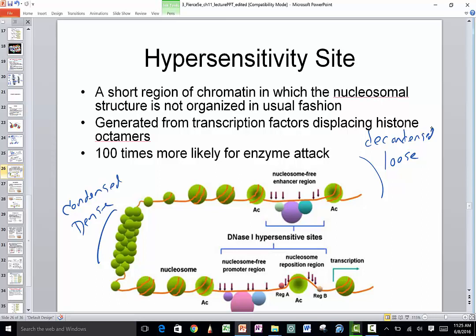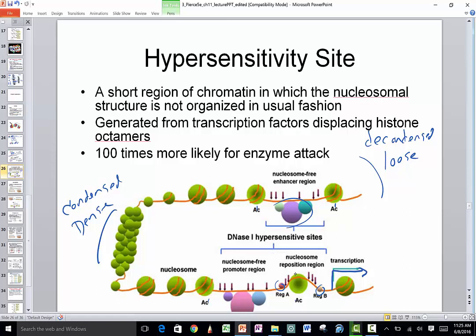How can we ask which part of the chromosome is condensed and which part is decondensed? Here there are some acetyl groups attached to the nucleosomes, and in that region the DNA is condensed. And this right here shows where transcription starts. And then these are some of the proteins that bind nearby. These are some proteins that bind farther away.